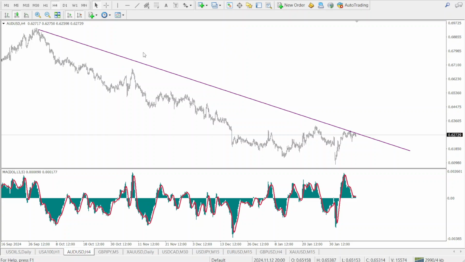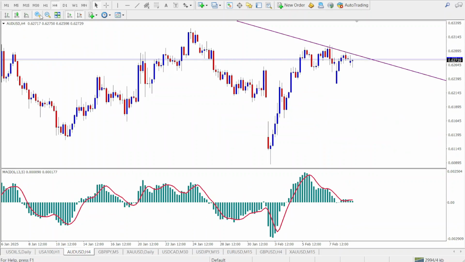The next step is to wait for an MACD crossover. A bullish crossover happens when the MACD line crosses above the signal line. This indicates a potential buy setup. A bearish crossover happens when the MACD line crosses below the signal line, suggesting a possible sell trade. Then the next step is to confirm with the histogram.